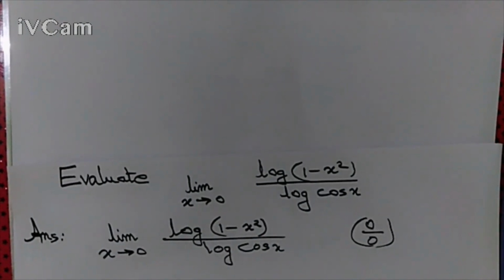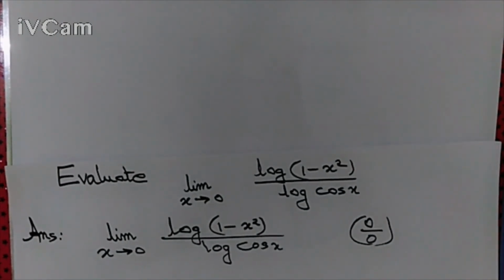We can apply L'Hopital rule only in the cases whereby we have 0 by 0 form or infinity by infinity form, or those cases that can be reduced to 0 by 0 form or infinity by infinity form.